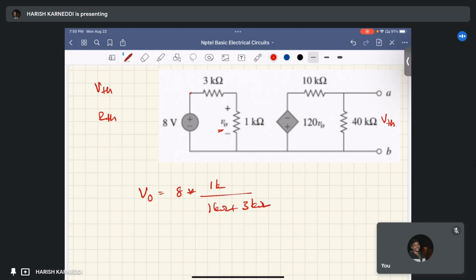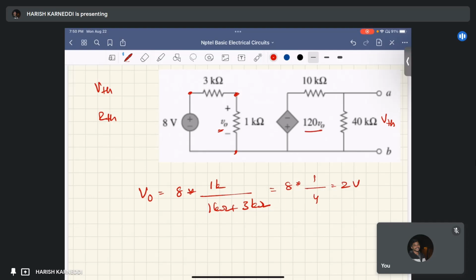The total 8 volts is applied across the 3 kilo ohm and 1 kilo ohm. So we can find V0 by applying the voltage divider rule: 8 into 1 by 1 plus 3, that is 4, which equals 2 volts. So V0 equals 2 volts.